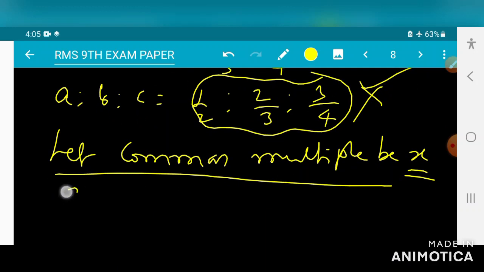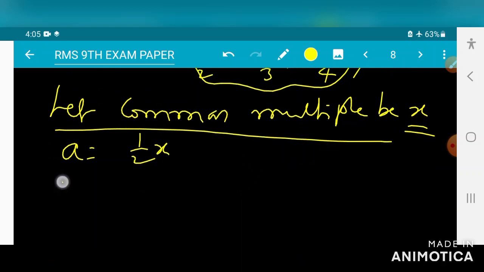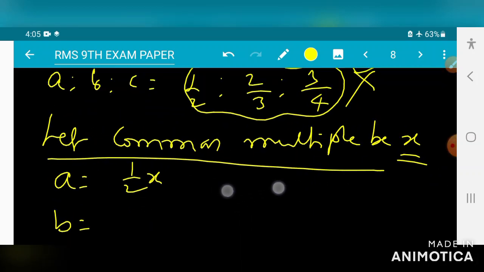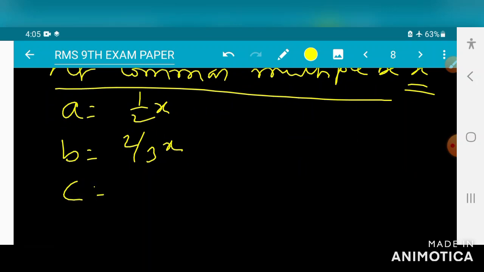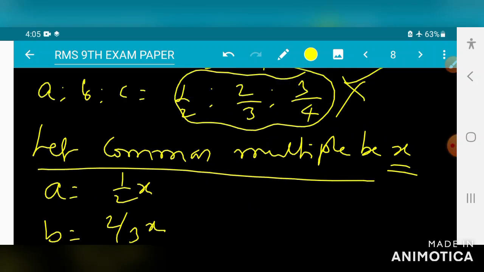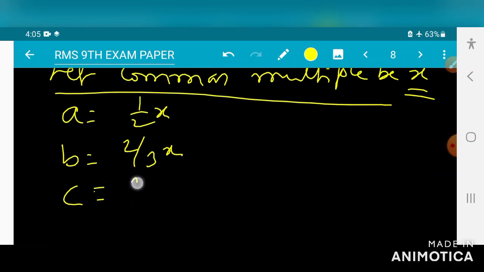So A's value becomes 1 by 2 of x, B is 2 by 3 of x, and C is 3 by 4 of x. This is the procedure to do the ratio problems.